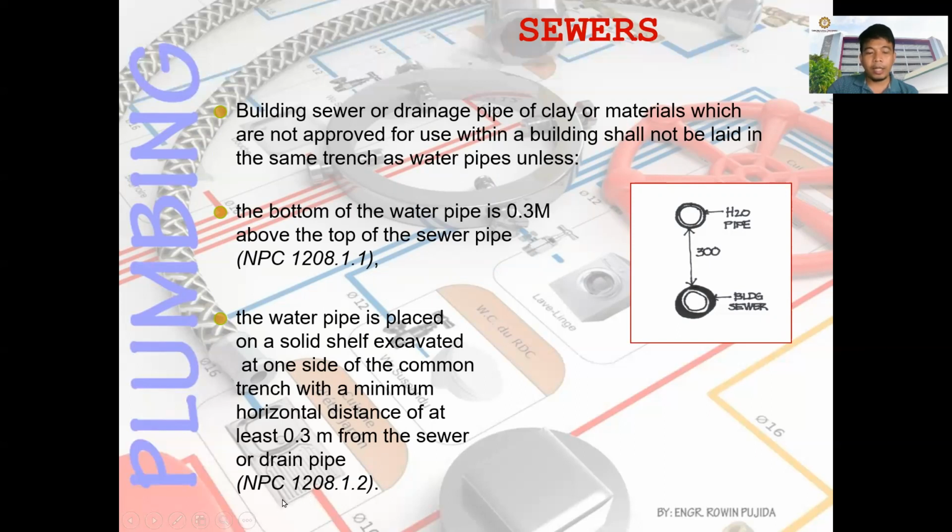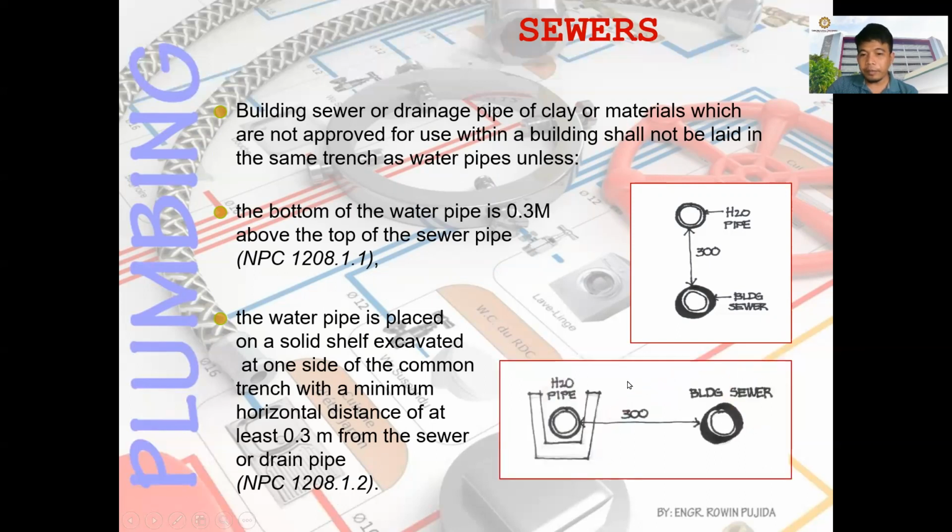So this is from the National Plumbing Code 1208.1.2. Okay, this one. So this is the water line. So you have 0.3 meters horizontal and vertical distance from water line to your building sewer is 0.3 meter.